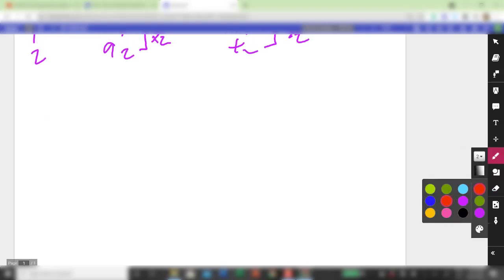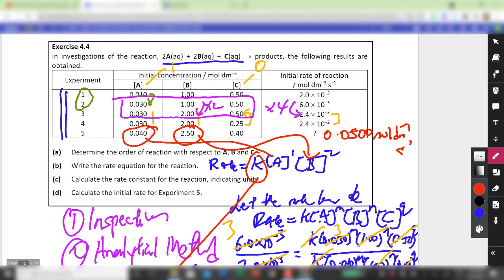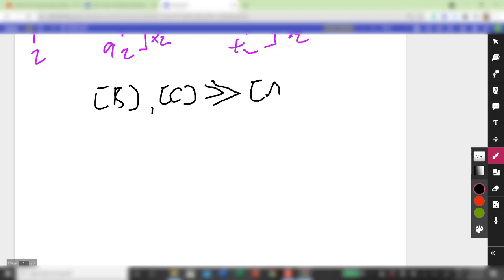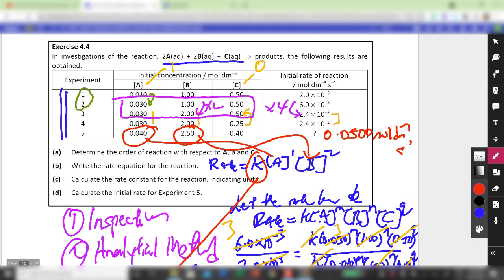Okay, so what I'm going to do is I'm just going to write down the concentration of A. So you notice that the concentration of B and the concentration of C is in much greater quantity than the concentration of A. Why is that the case?